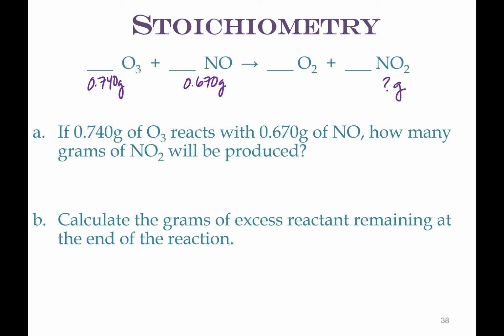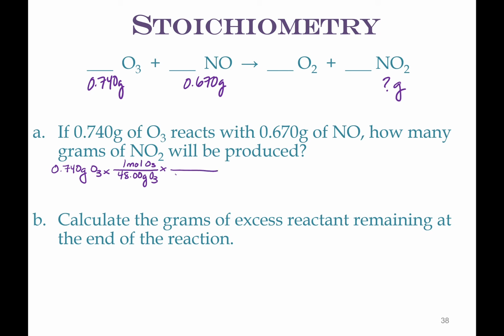Mass to mass problems, I'm going to have to write small. I didn't leave a lot of room. 0.740 grams of ozone, right? The mass of ozone is 48 grams of O3 for 1 mole. And then we do the mole ratio, which is 1 to 1.